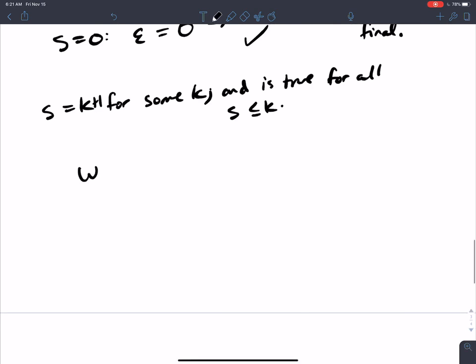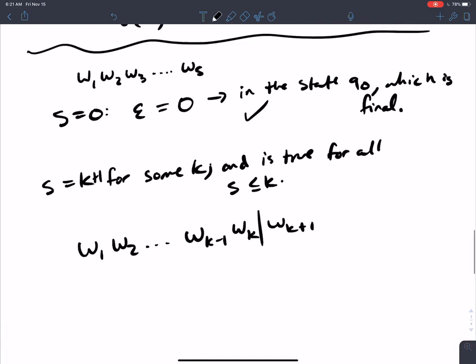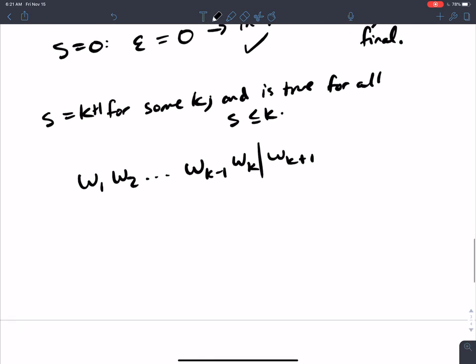So let's look at the string w1, w2 up to wk, and then wk plus 1. And the string from w1 through wk, we've already shown by induction to be in the right state.